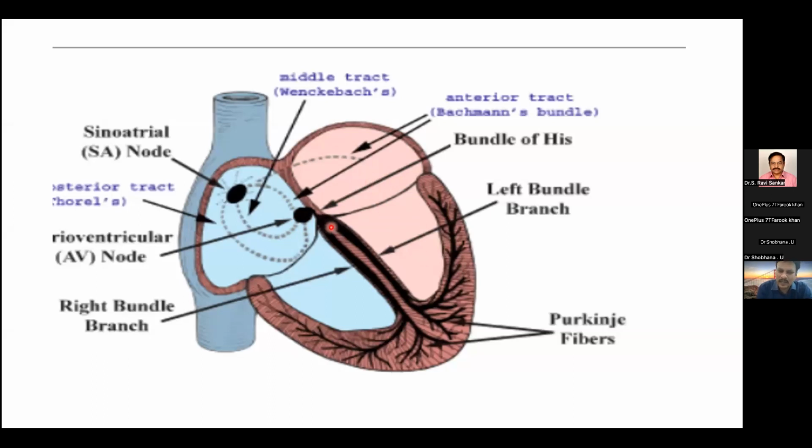This transition from electrical activity into mechanical activity and the filling of the ventricle from the atrium requires a short period, somewhere around 100 milliseconds. This 100 milliseconds is sufficient for the atrium to contract and eject the blood into the ventricle, and the ventricles are filling.